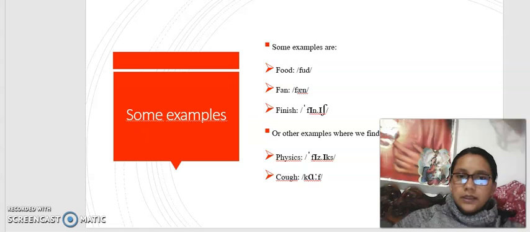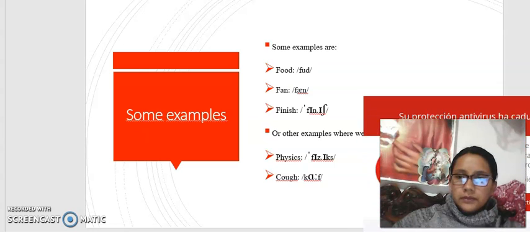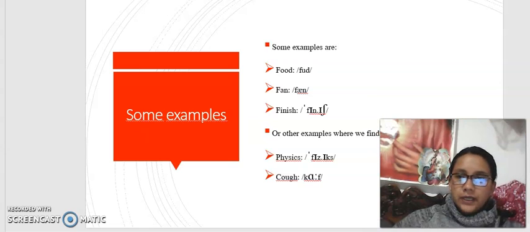And there are some examples. For example, when the consonant is in the first position, like in the word foot. The other example is in the word fan, or in the other word, like in Finnish.